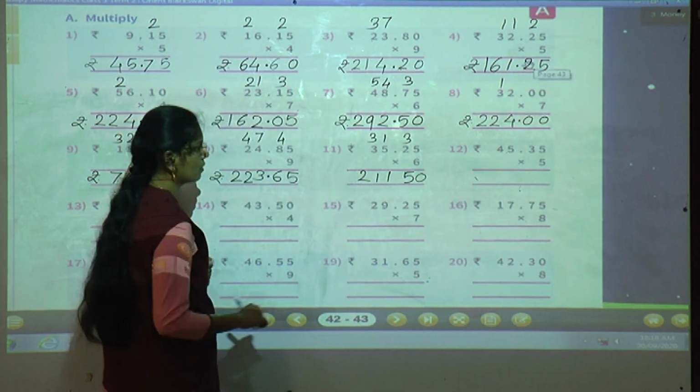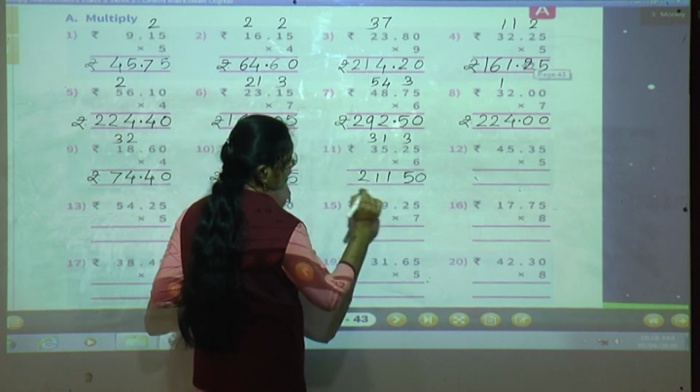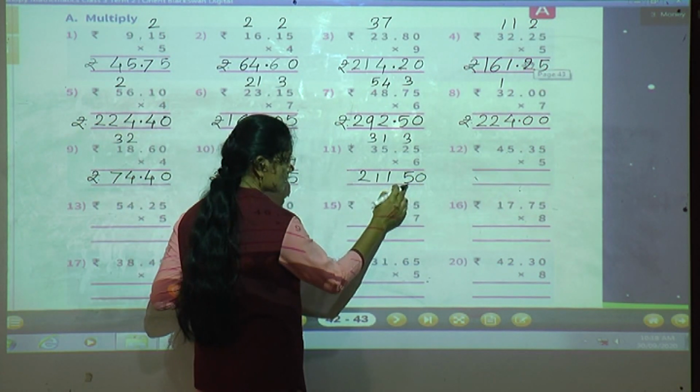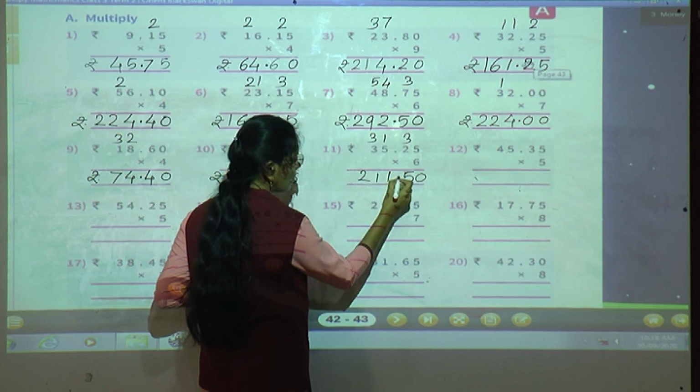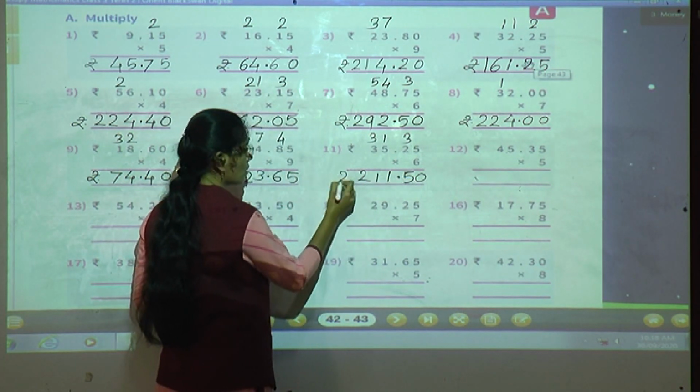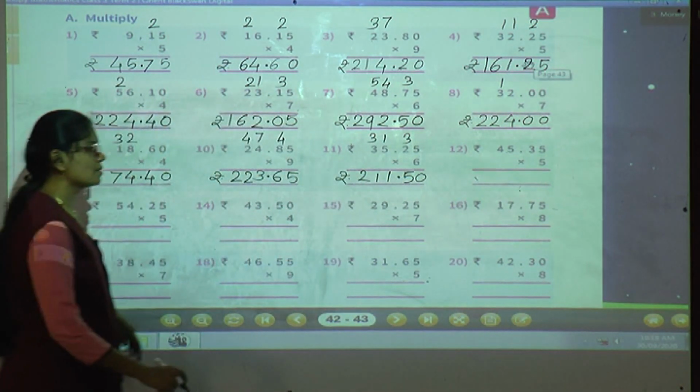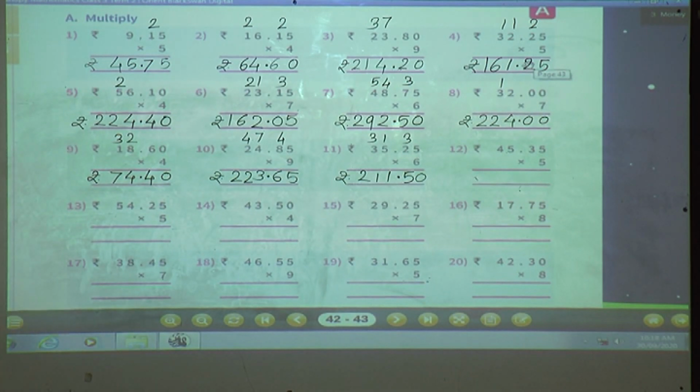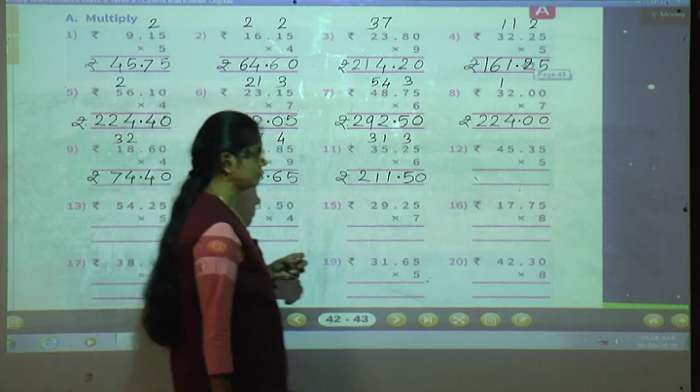Now give a dot from the right side before the second digit. This 5 is the second digit from the right side, so before 5 we have to give the dot. So what is the answer? Rupees 211.50. Clear? Okay, now we'll move to the 12th example.